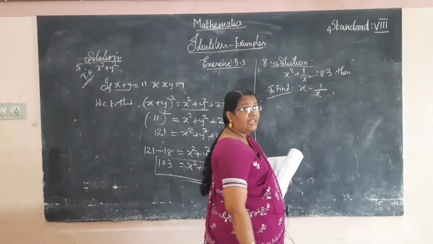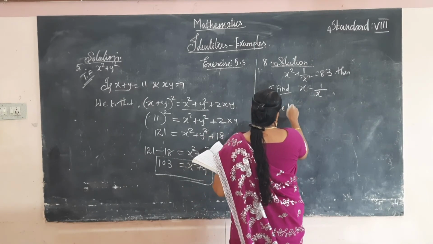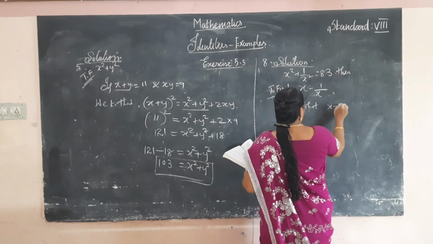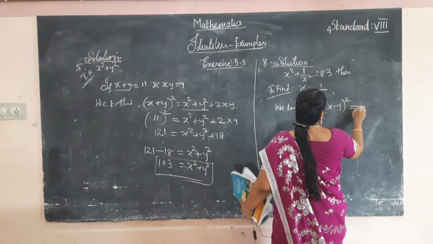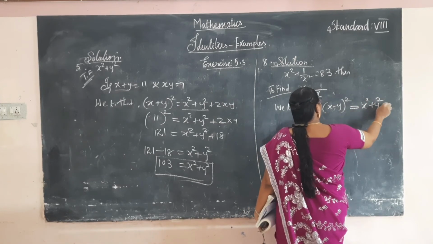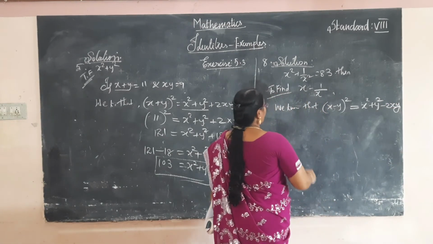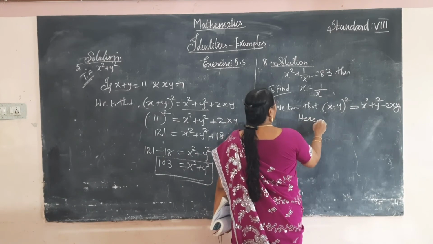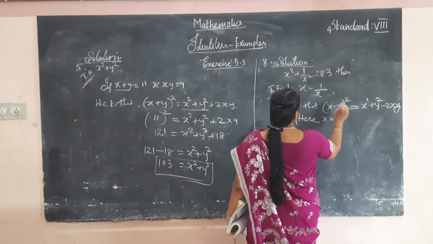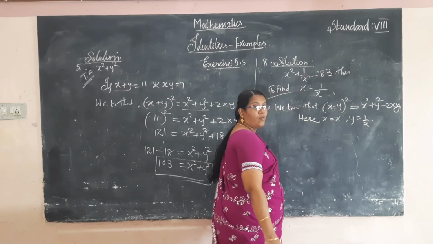So using the identity 2. Okay, so we know that the identity x minus y the whole square is equal to x square plus y square minus 2xy. So here x value is x, y value is 1 by x.